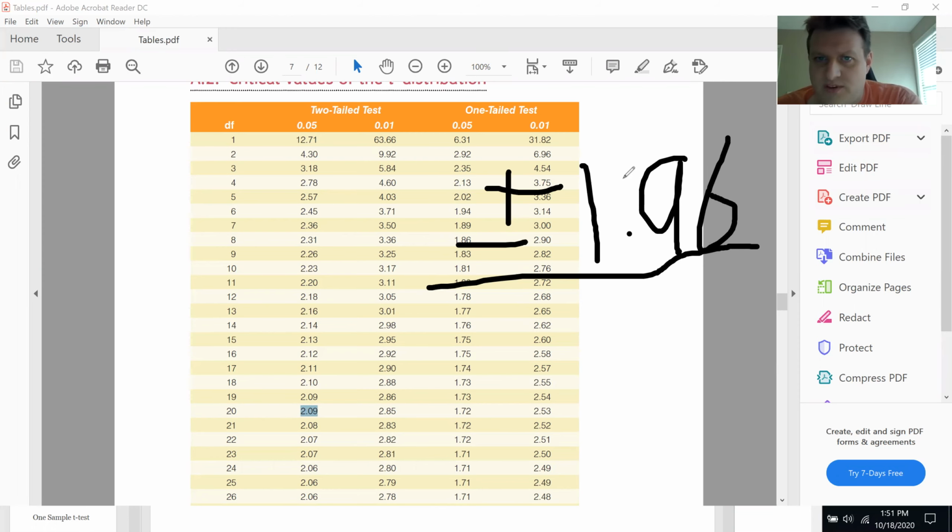If we were doing a one sample z-test, our cutoff values would be above positive 1.96 and below negative 1.96. But we're doing a t-test. We need to be more cautious. So this cutoff value is going to be a little bit larger. It's going to be plus or minus 2.09, and I'm finding that here in my table.